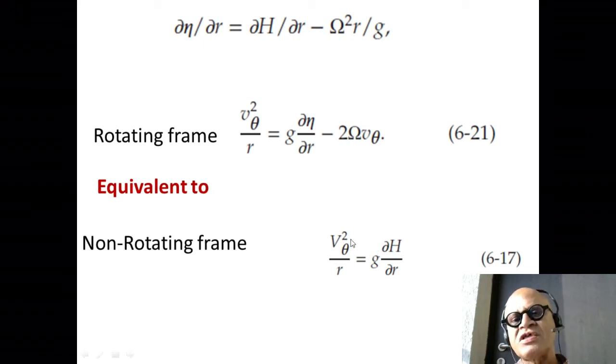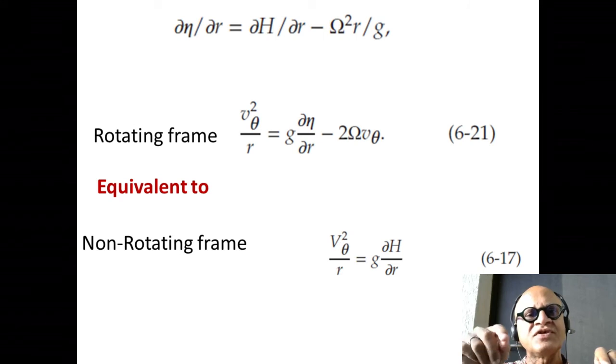If you're in the non-rotating framework, standing outside and looking in, this will be the balance. The surface is tilting, and there's a pressure gradient in the radial direction, and there is a centrifugal force because of the total azimuthal velocity, and they are balanced.